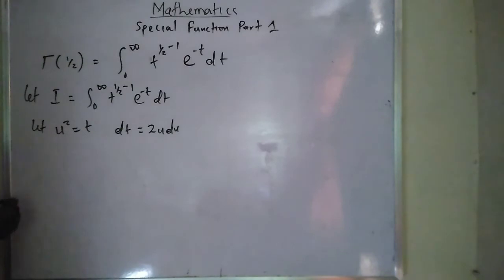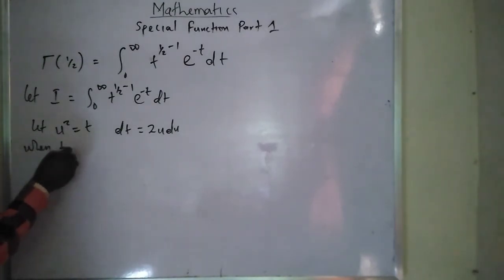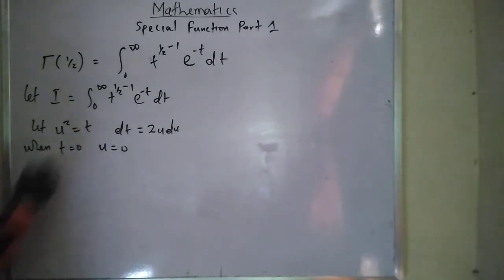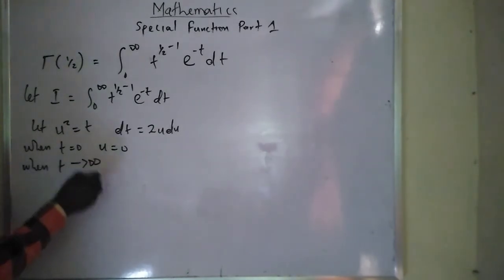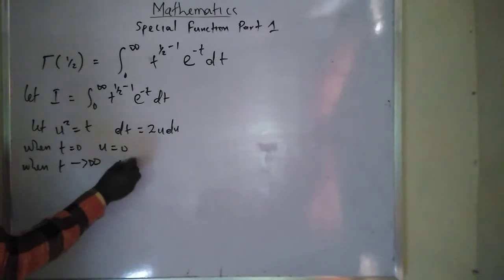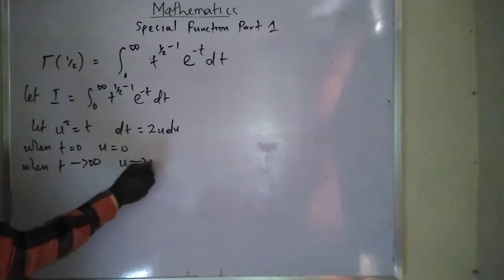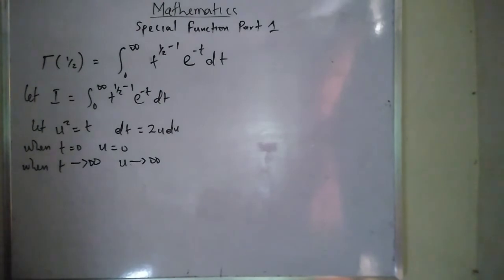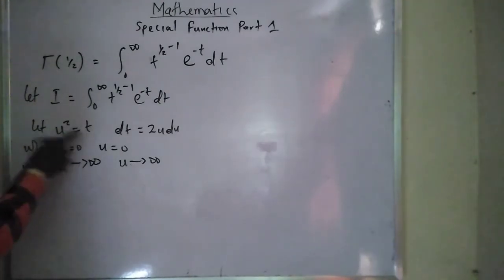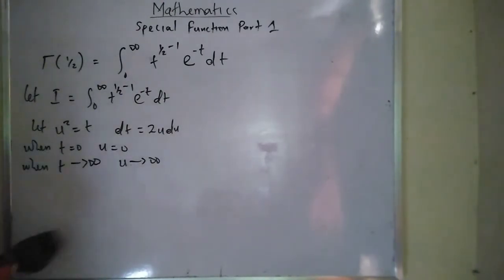Also, when t equals 0, my u will also be equal to 0. When my t tends to infinity, my u also tends to infinity.